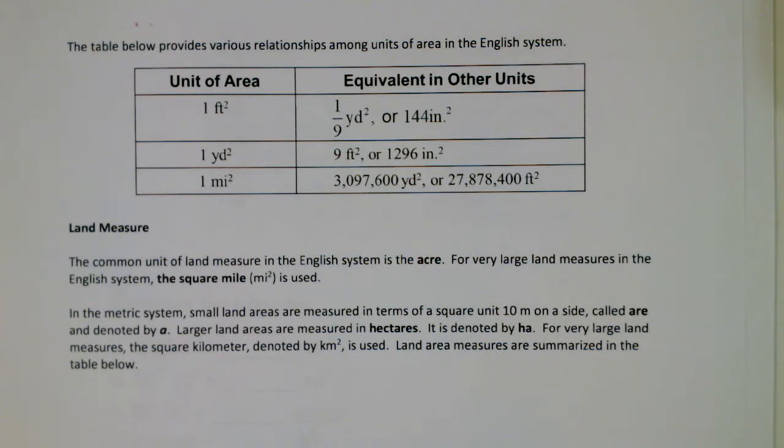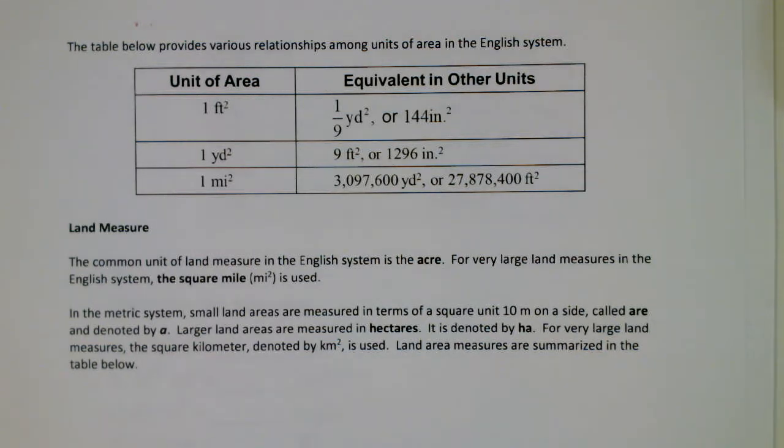And then 1 square mile is also, in feet, 27,878,400 square feet, because 1 mile is 5,280 feet. Square the 5,280 feet, you'll get 27,878,400 square feet.